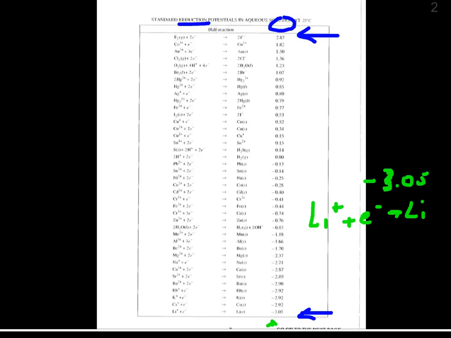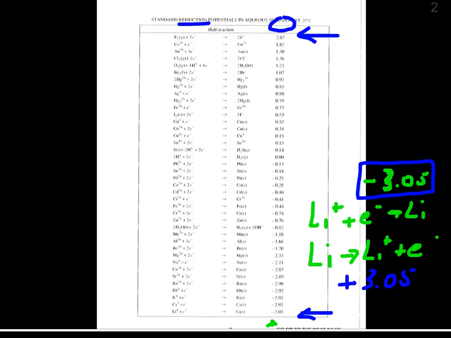So I'm going to flip the reaction to illustrate an oxidation. And using good chemistry sense, hopefully, if I flip an equation and I have a value associated with it, chances are I'm going to flip that sign. And I do. It becomes a positive 3.05 volts.